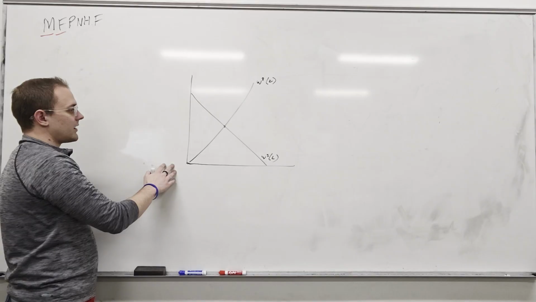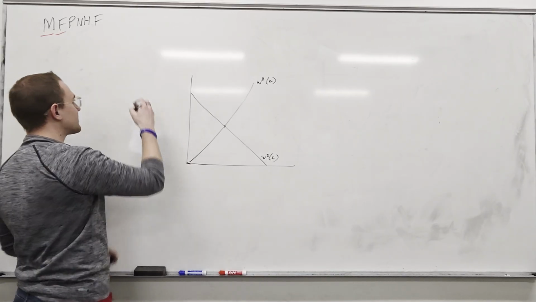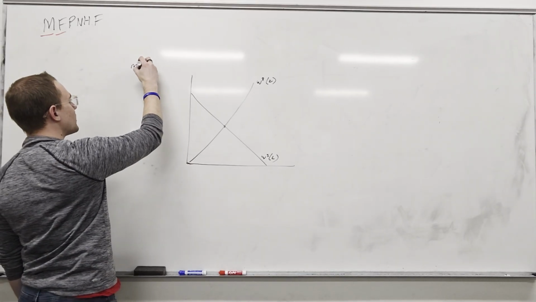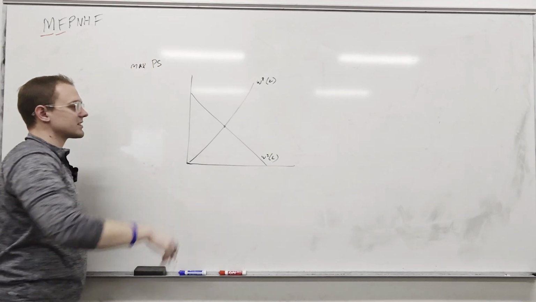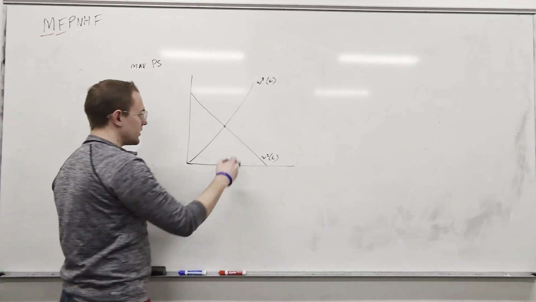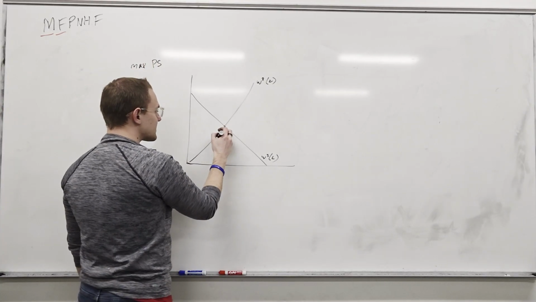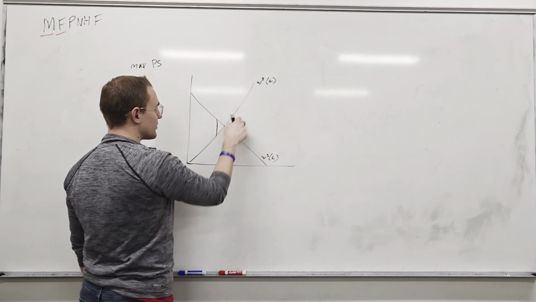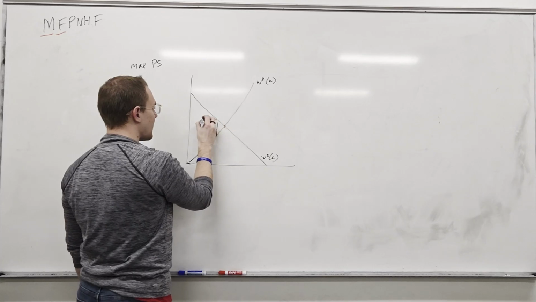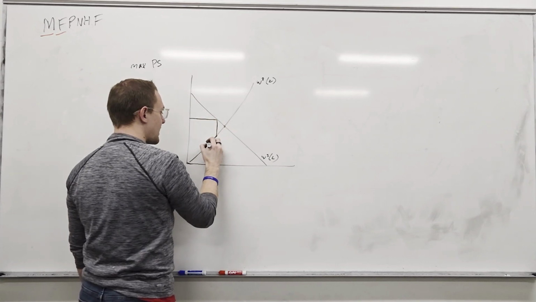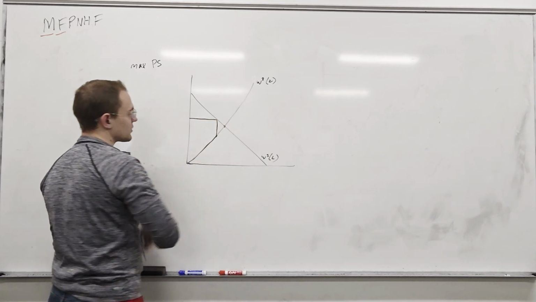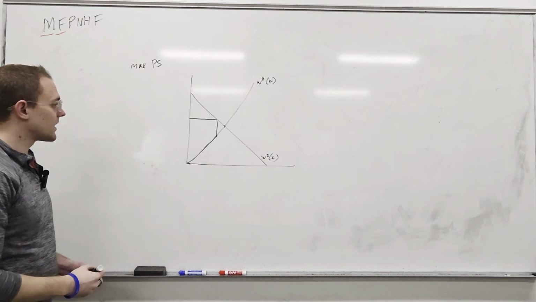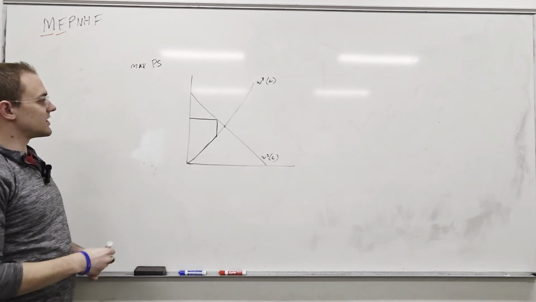So a labor union could have a few goals, but let's say they want to maximize producer surplus. That's an understandable goal for a union. Producer surplus is the difference between demand and supply here, and they're going to maximize the area of their producer surplus, which is that trapezoid right there. That is the union's maximization problem.